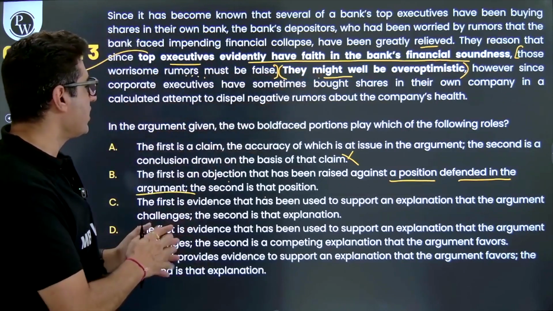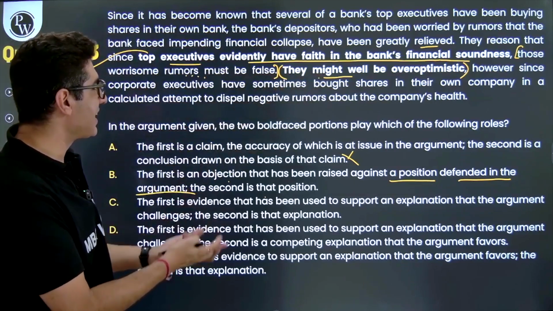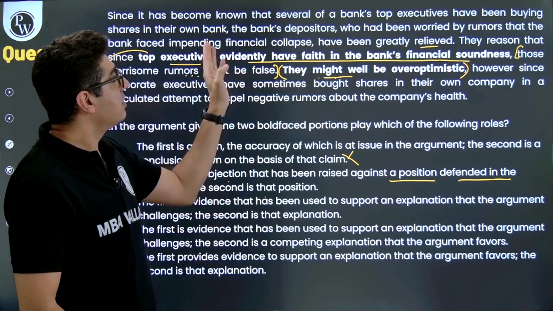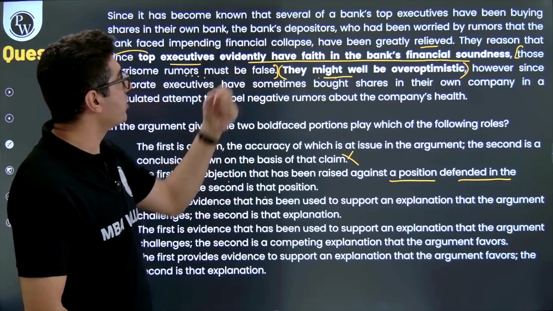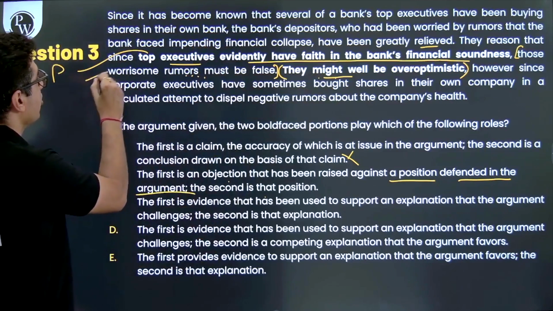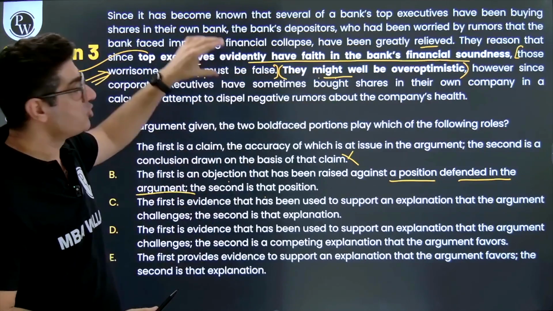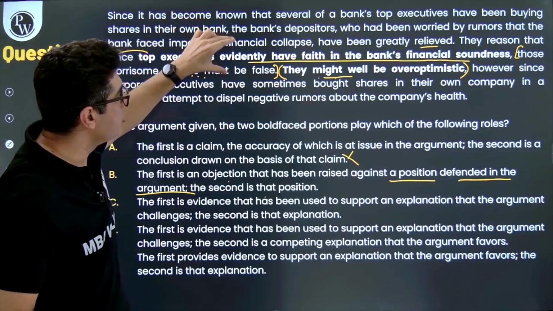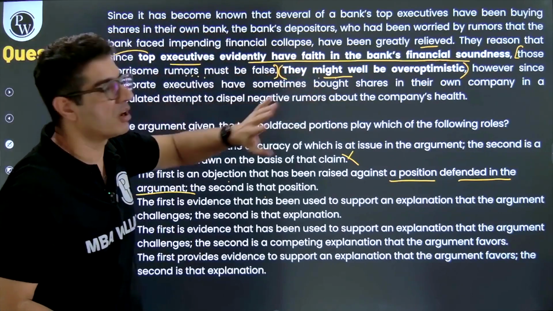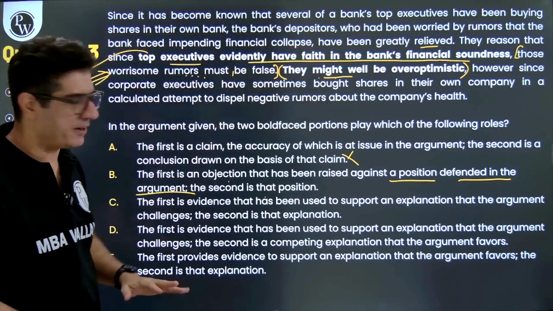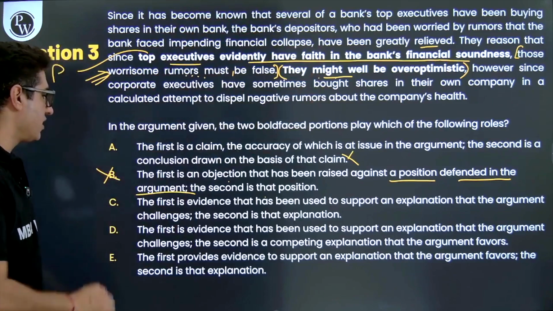No, it is not exactly an objection that has been raised against this. It is a piece of evidence that has been brought in to support this conclusion. It is not raised against this. It's only when the author saw this argument that he says that their conclusion is wrong. So this is stated prior to what the author has said, and therefore we can eliminate B.